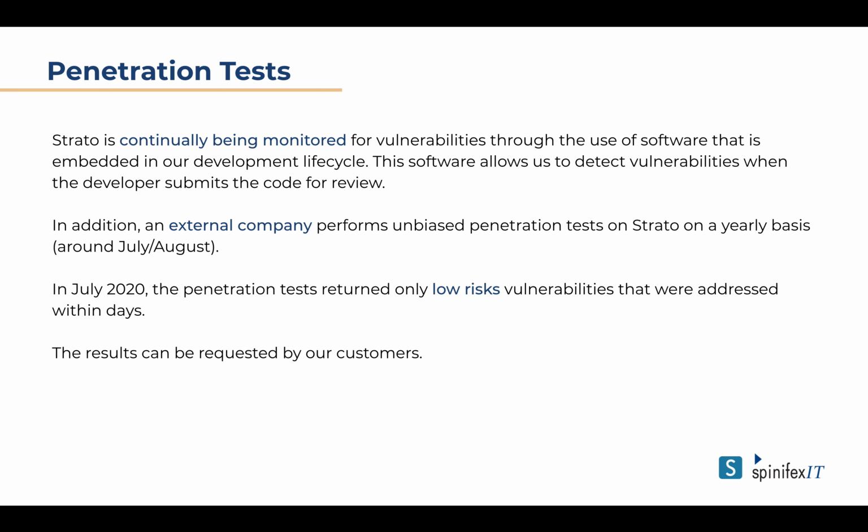When I say low risk, it's very unlikely to happen, and if ever it happens, there is no danger or no security issue that is possible. Even if we had low risk vulnerabilities, we address them within days, and the result can be requested by our customers, of course. We have the result of the audit on the intranet.